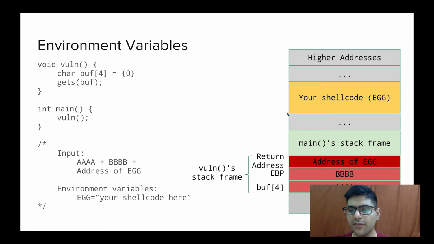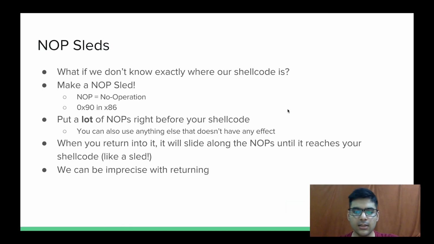If you somehow figured out that in this run the shellcode is loaded here, and then you want to exploit it in the next run, if you pass this pointer, it will not jump to your shellcode. It will jump somewhere else, because your shellcode has moved. That's one mechanism they use to avoid such attacks.